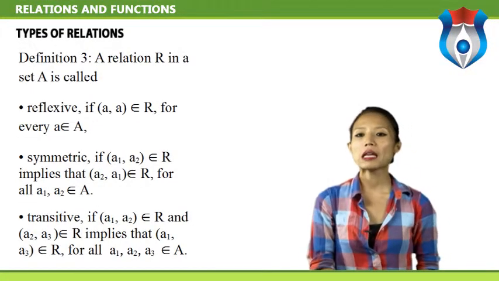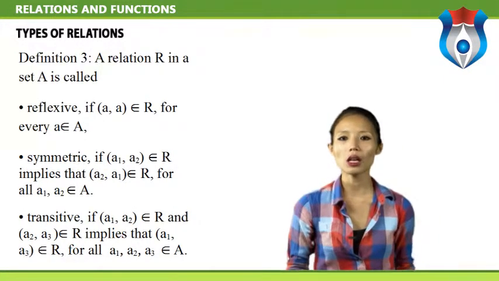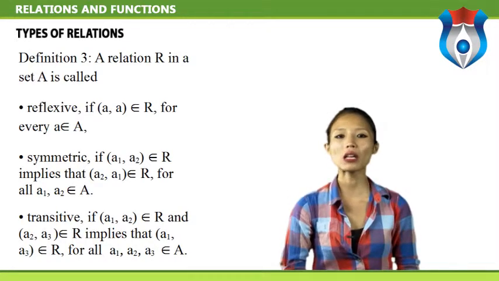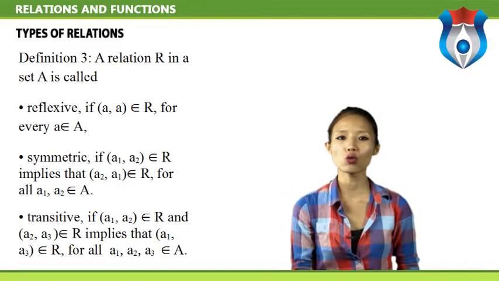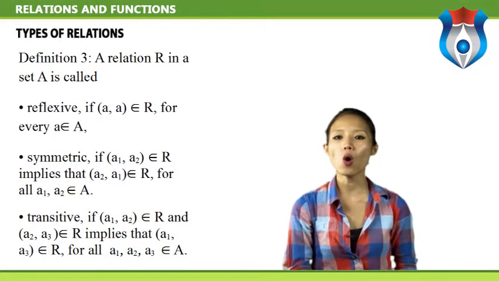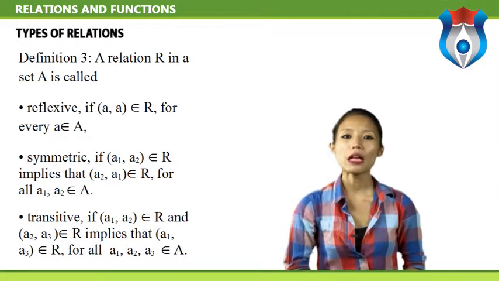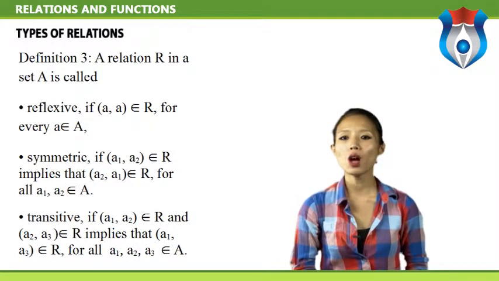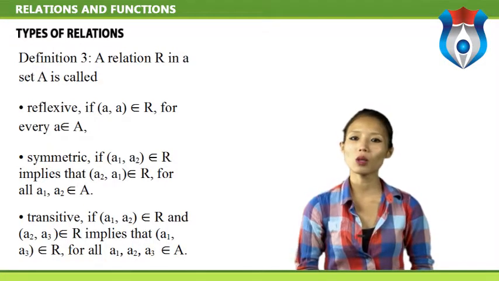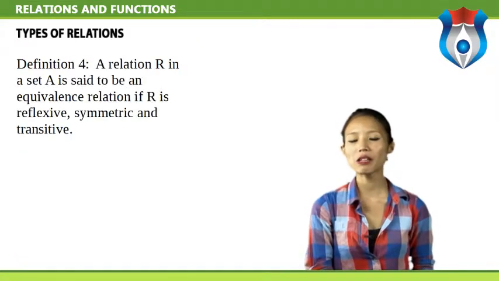Definition 3. A relation R in a set A is called reflexive if (a, a) belongs to R for every a belongs to A; symmetric if (a1, a2) belongs to R implies that (a2, a1) belongs to R for all a1, a2 belongs to A; transitive if (a1, a2) belongs to R and (a2, a3) belongs to R implies that (a1, a3) belongs to R for all a1, a2, a3 belongs to A. Definition 4.